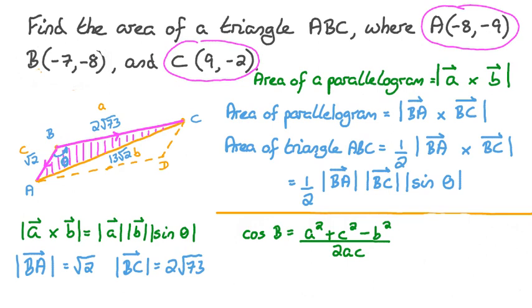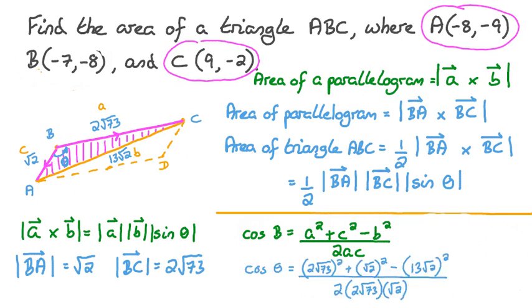Angle B is the angle theta we are trying to calculate. Substituting in our values, we see that the cosine of theta is equal to (2 root 73) squared plus (root 2) squared minus (13 root 2) squared, all divided by 2 multiplied by 2 root 73 multiplied by root 2.